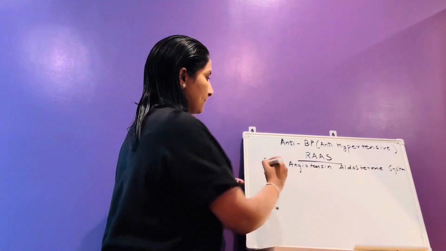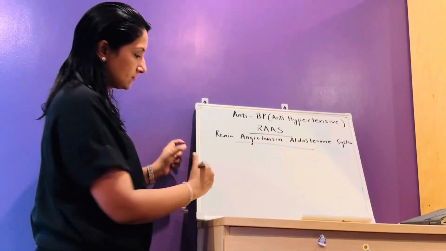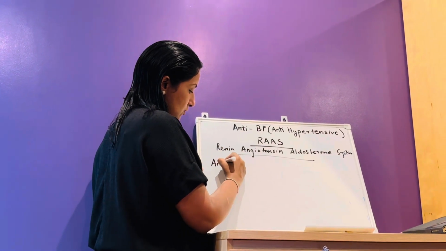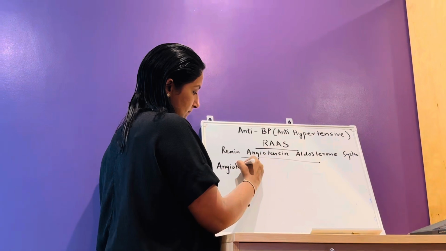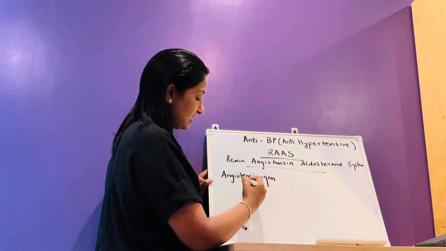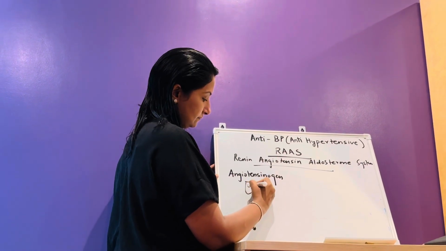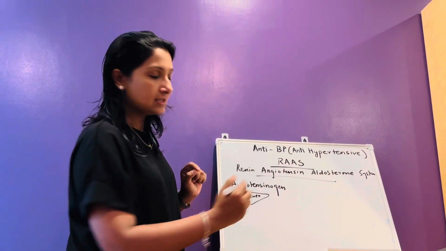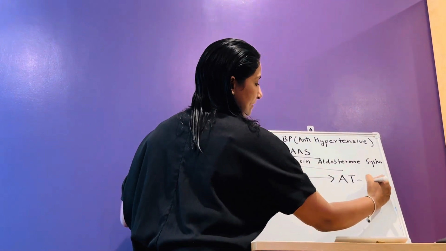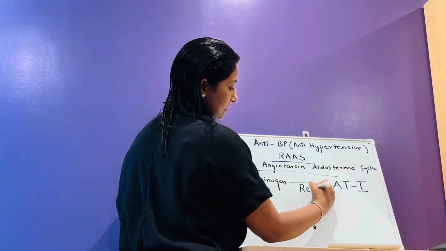Okay, and so I'll first draw the chart of the renin, angiotensin, aldosterone system. So first we have the angiotensinogen. This protein is produced in the liver. Angiotensinogen is converted to angiotensin 1 by renin.